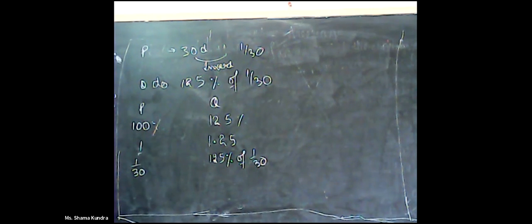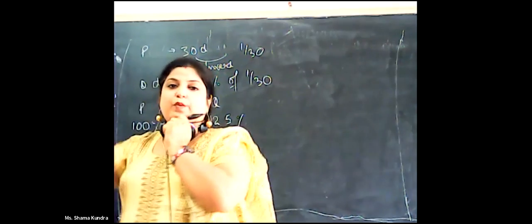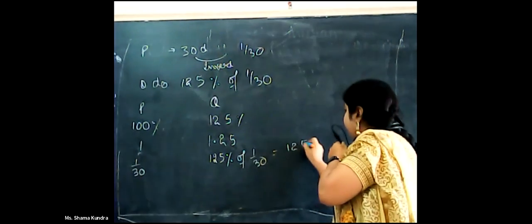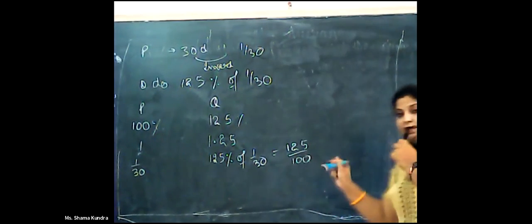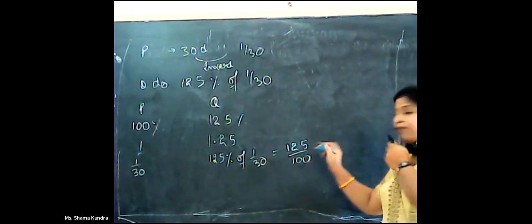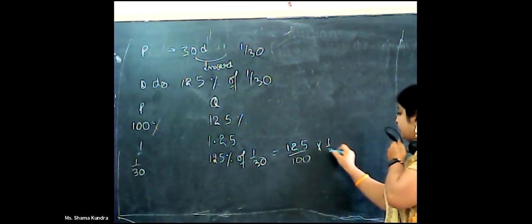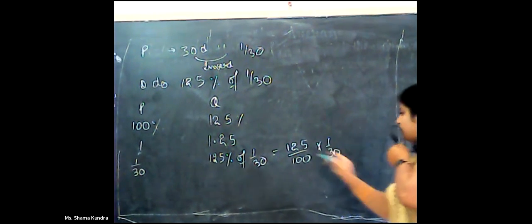So simplify it, what you will get? How do we remove percent? Simply divide by 100. Of means multiply, and here it is 1 upon 30.